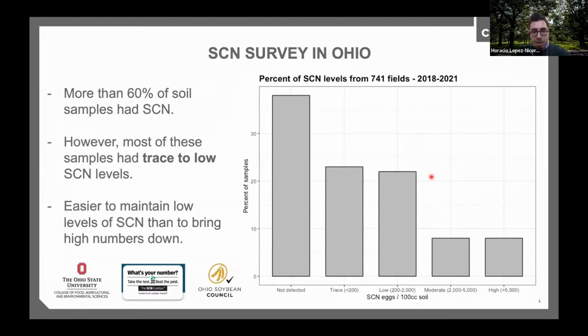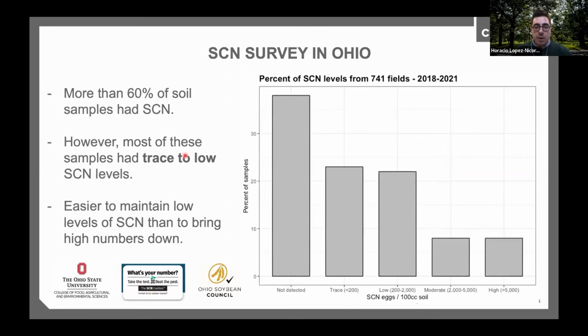And I want to share with you what is the status of the soybean cyst nematode in Ohio. With funding from Ohio Soybean Council and the United Soybean Board through the SCN Coalition, we have been conducting a survey, receiving soil samples from growers all over Ohio from 2018.